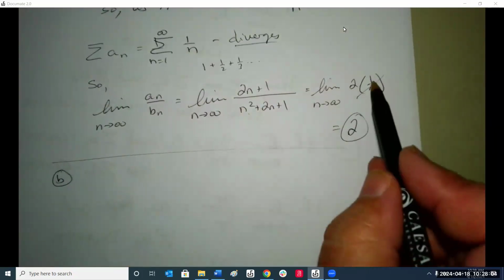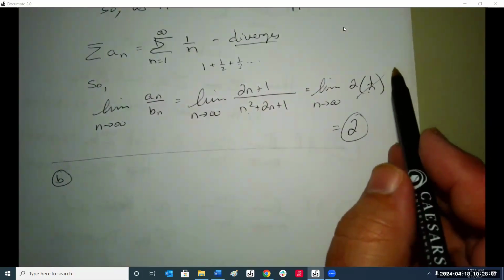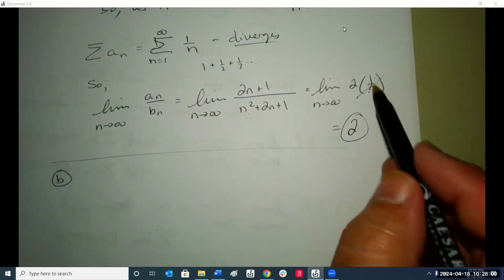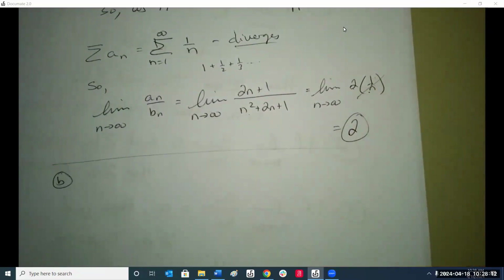As n goes to infinity, this becomes 0. This becomes nothing. So it's infinitely small, so we put 2.